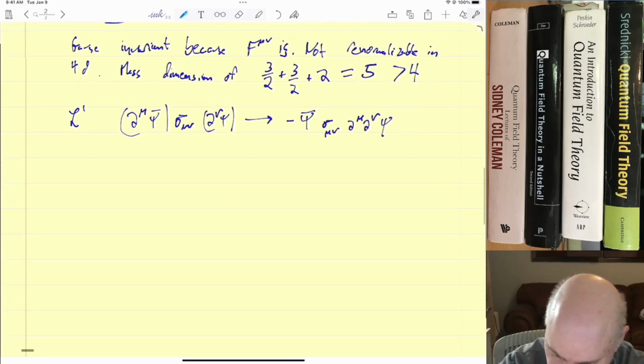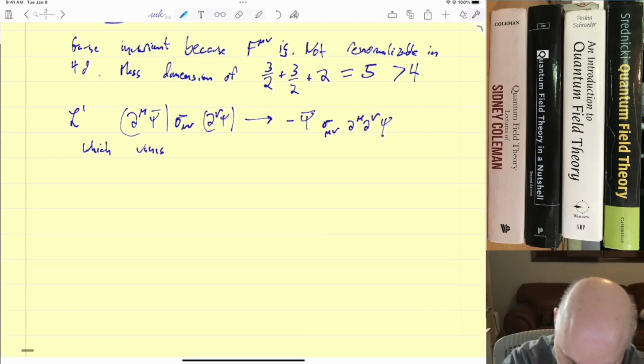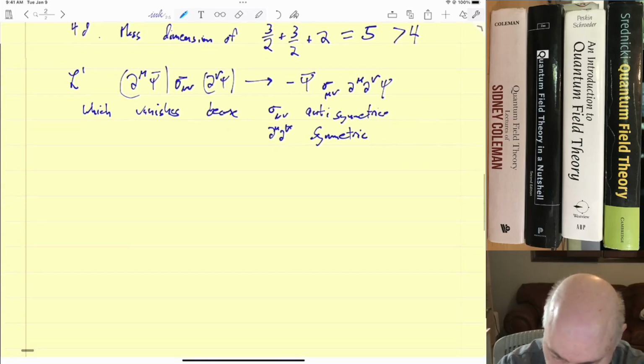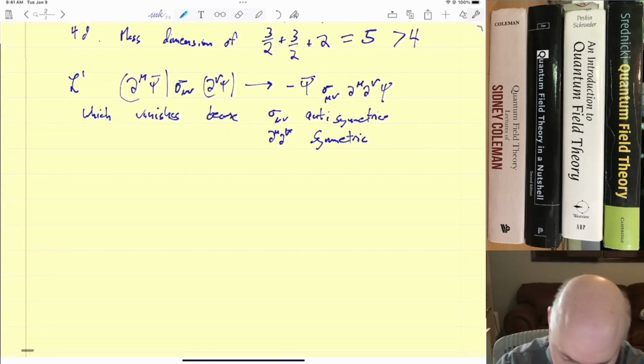Now, this vanishes, because sigma mu nu is antisymmetric, and partial mu, partial nu is symmetric. So that term vanishes, but here's where I guess I've seen this before, but I just didn't remember it.